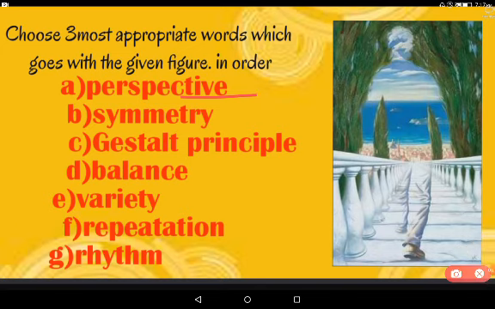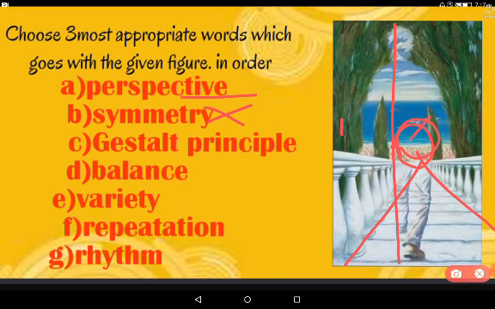There is a perspective. You can see clearly in this figure that the lines are coinciding somewhere here. So there is a perspective. There is no symmetry along any axis. And there is a Gestalt principle used here. As I said before, figure and ground.